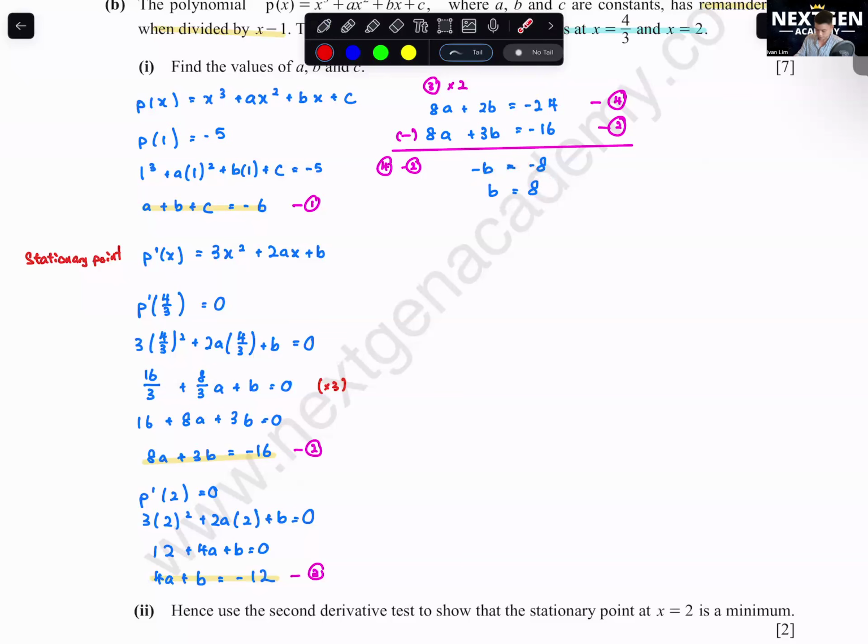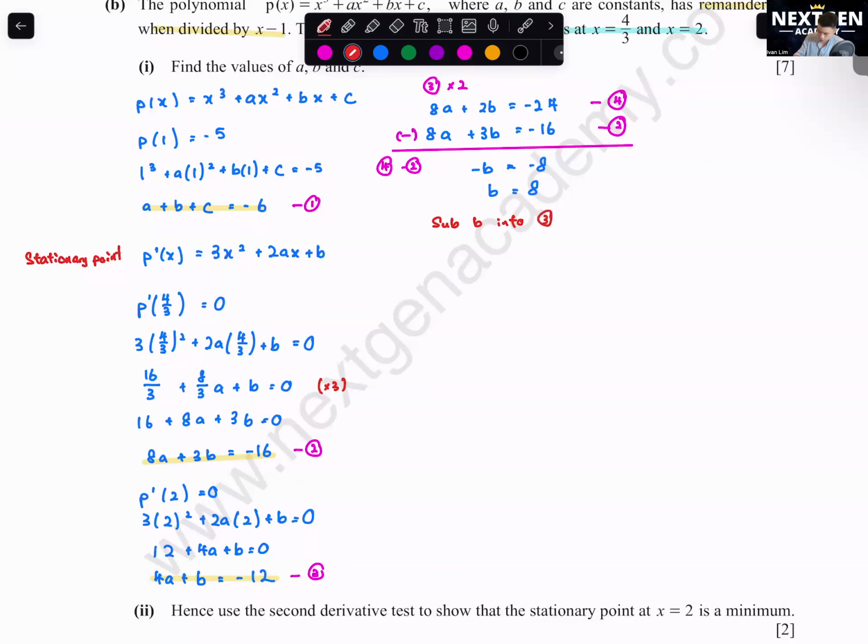Okay, b equals 8. Then we want to find what is a. You substitute into any equation. Okay, I will sub b into, let's see which one is easiest. Number 3.